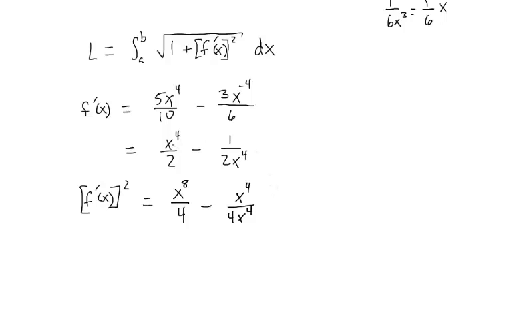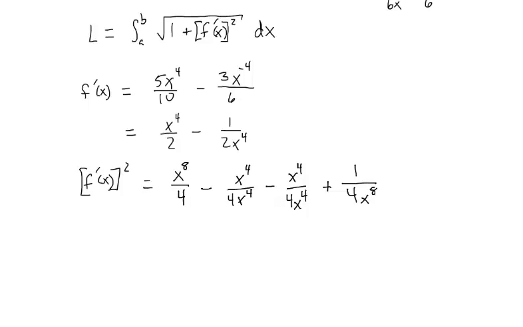And then we have negative 1 over 2x to the fourth times x to the fourth over 2, which again is minus x to the fourth over 4x to the fourth. And then we have negative 1 over 2x to the fourth times negative 1 over 2x to the fourth is going to give us positive 1 over 4x to the eighth.